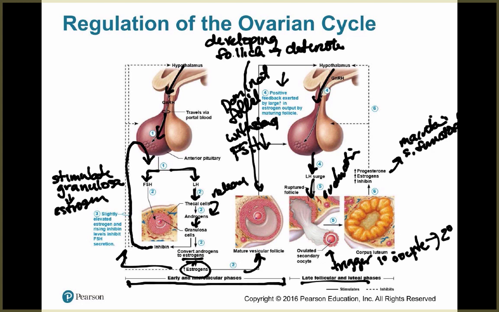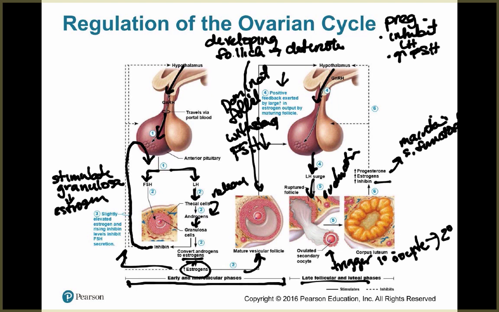And so to maintain pregnancy, if it occurs, negative feedback inhibits luteinizing hormone and FSH is released. So let me put up here. If pregnant, you'll get inhibition of LH and increase of FSH.